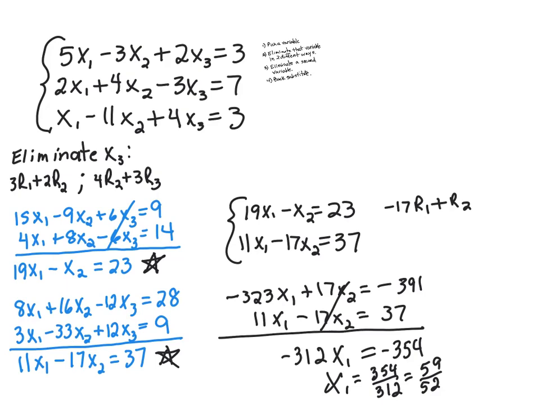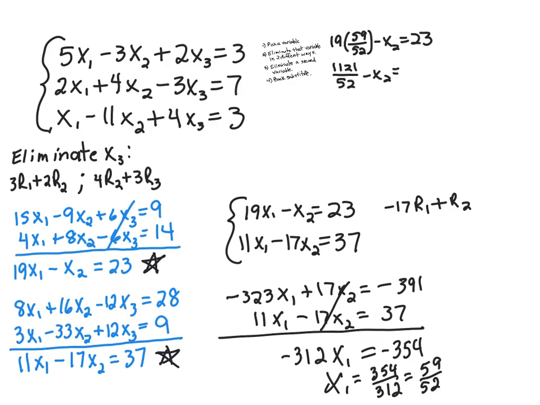So here we go. Sorry. Here we go. 19. Start up here. 19 times x1 is 59 over 52 minus x2 equals 23. All right, so I need to multiply 19 times 59, and this is 1121 over 52.